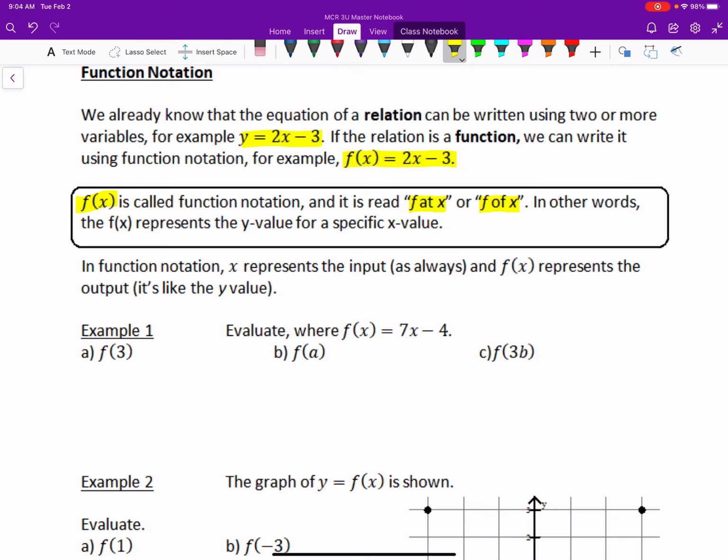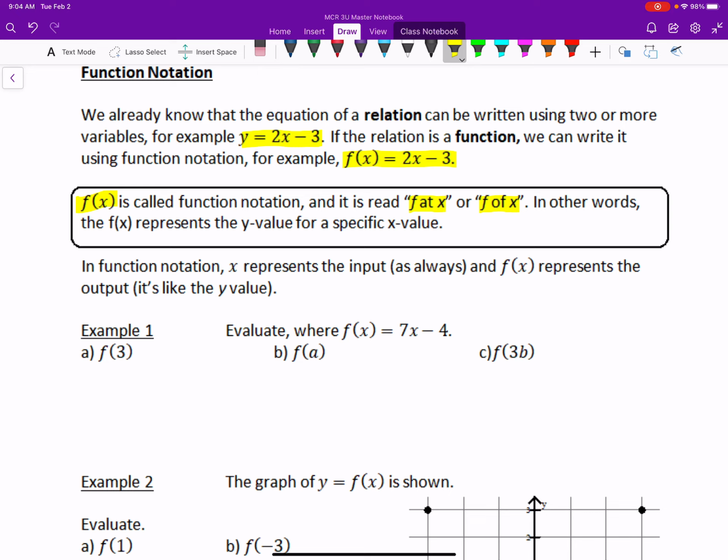In other words, f of x represents the y value for a specific x value. Try thinking about it this way: we know that x is an input value. So f at x or f of x means what's the y value going to be for a particular x value.